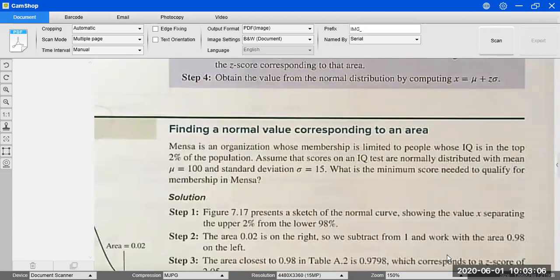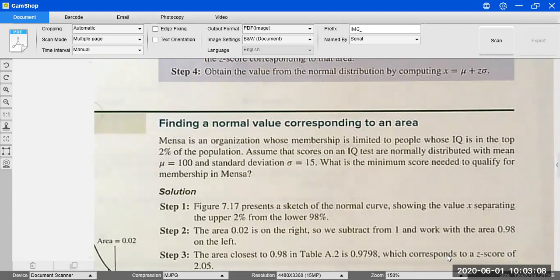Mensa is an organization whose membership is limited to people whose IQ is in the top 2% of the population. Assume that scores on an IQ test are normally distributed. Again, this is a key component.